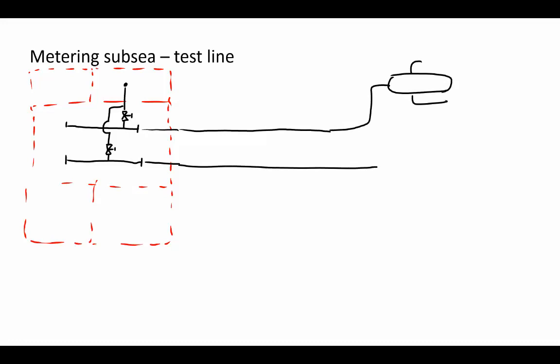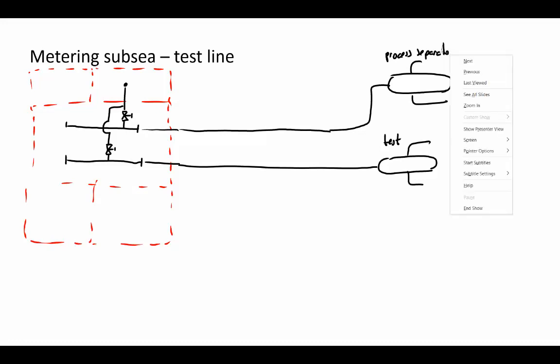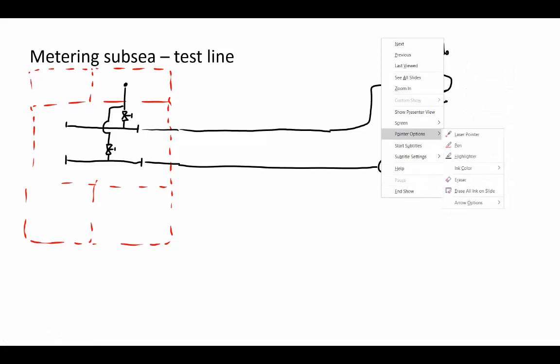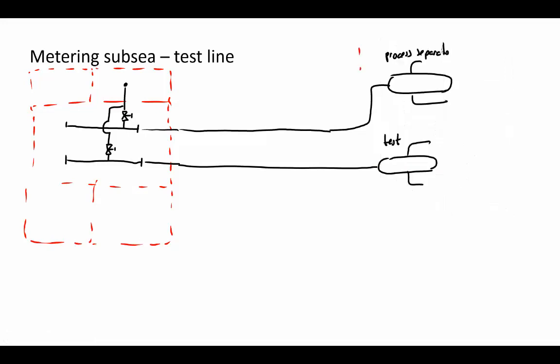Okay, and you go to the other separator, which is the test. And that's the main process, what they call the process separator. And all of this here is on the platform.